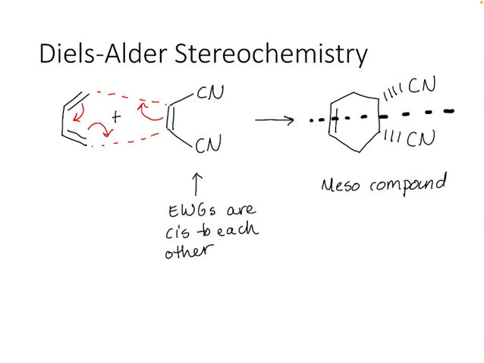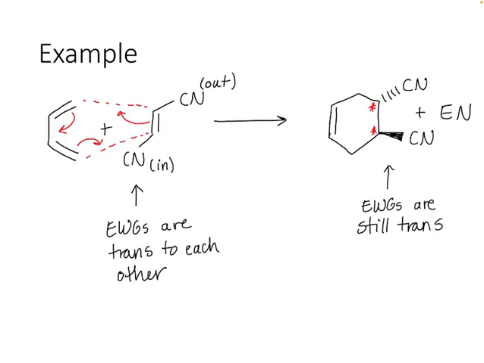But because they'll be cis to each other in the product, we end up forming a meso compound, at least if everything is symmetrical. We also talked about a situation where the electron withdrawing groups were trans to each other, so we would draw one as a wedge and one as a dash in the product.